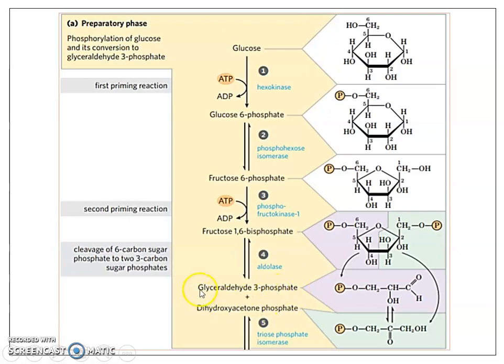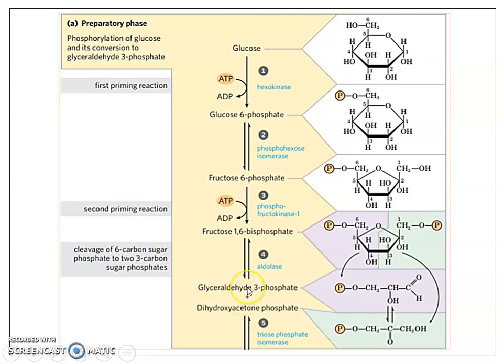Usually, glyceraldehyde 3-phosphate is the sugar which will enter the payoff phase. So dihydroxyacetone phosphate will get isomerized to produce glyceraldehyde 3-phosphate with the help of triose phosphate isomerase. Here an isomerization process is taking place. As already mentioned, these two are trioses, that is, 3 carbon sugars. This is an aldose, and this is a ketose. It is getting interconverted.